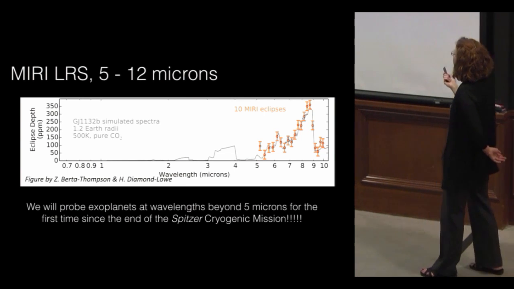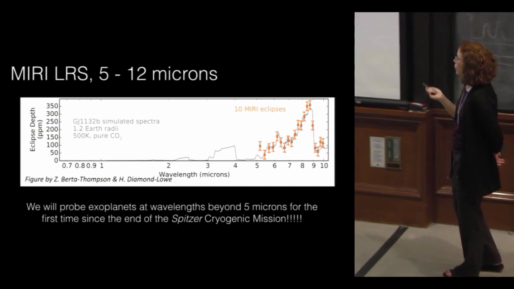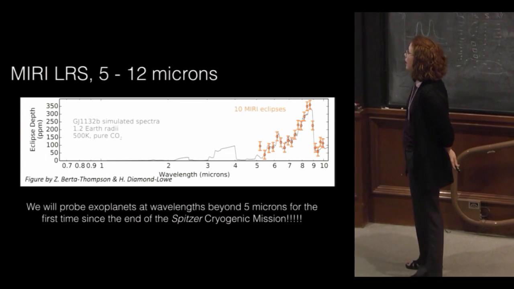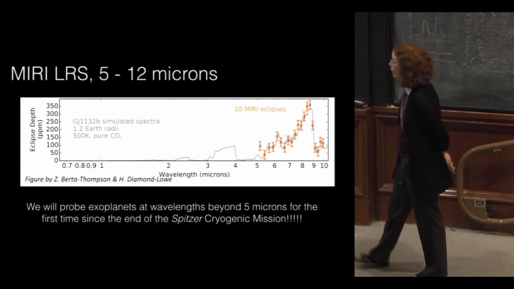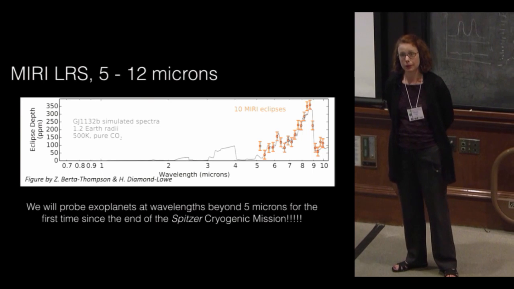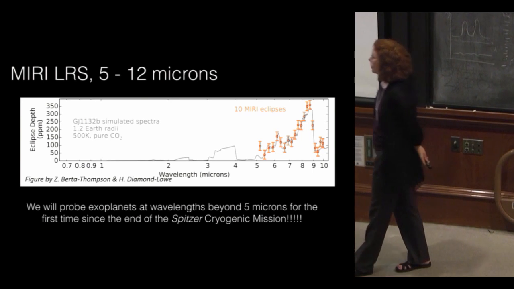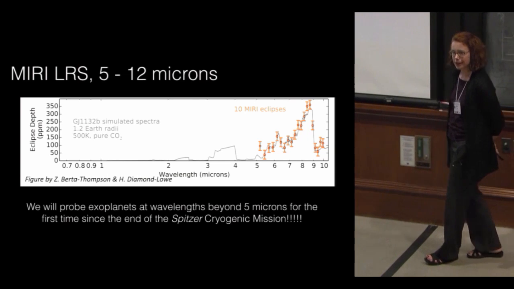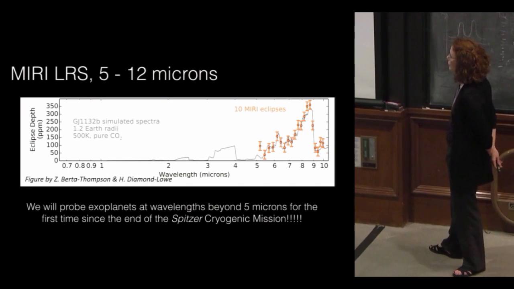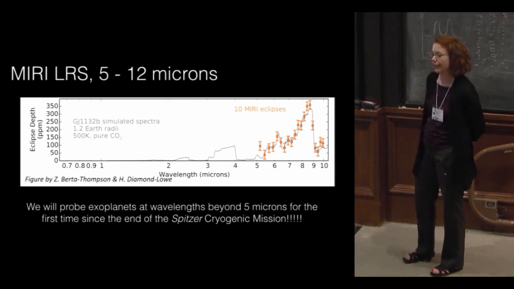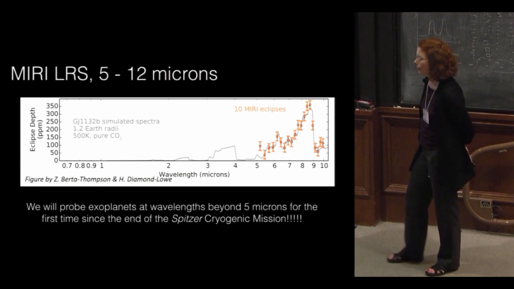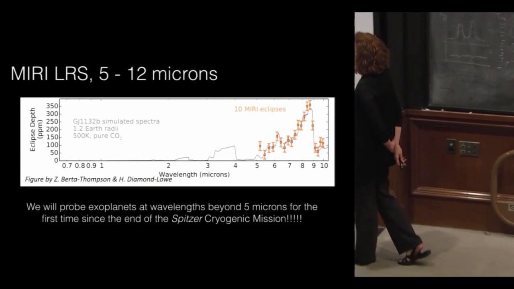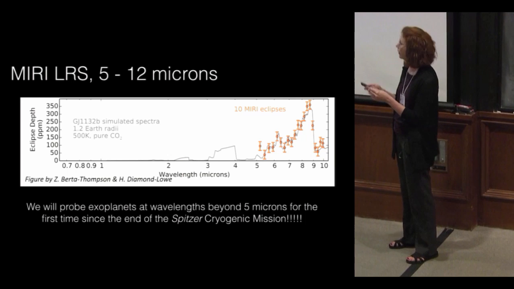I want everyone to keep in mind that this is the first time that we're going to probe exoplanets in transit beyond 5 microns since the end of the Spitzer cryogenic mission. And during the cryogenic mission, there were only probably 1 or 2 that we actually studied in detail. So this will be our first chance to really understand the behavior of exoplanet atmospheres at these longer wavelengths. Right.